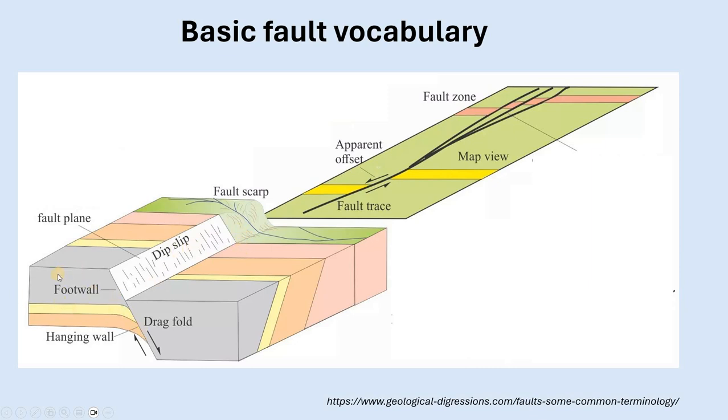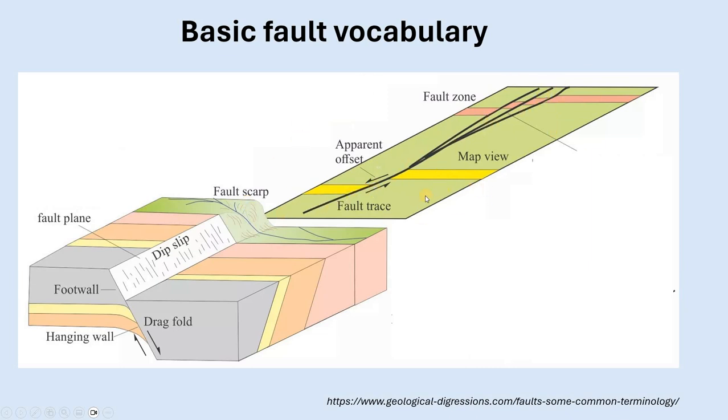We already touched on this, but typically we'll call the block that didn't move, which is usually an approximation, the footwall, and then we think of the block that's moving as being the hanging wall, although usually both blocks do move. So if we follow this fault scarp across the landscape for long distances, we get what's called a fault trace, and that's shown here in this map.